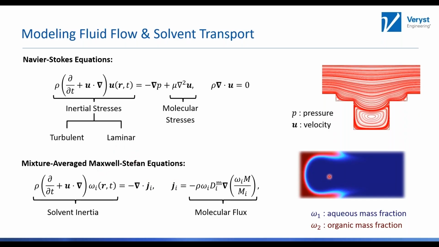And since they are in a concentrated regime, the Maxwell-Stefan equations are the appropriate transport equations for the solvents. So the important thing to keep in mind here is that all the properties of these fluids, the densities and the viscosities, depend upon the relative composition of the solvents, in this case, water and an organic phase.